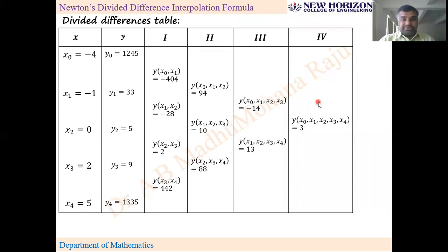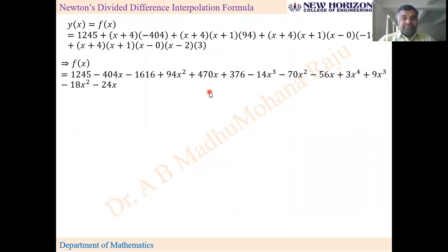Take the upper diagonal values required to substitute in the above formula, substitute in equation 1 and simplify. You will get the polynomial as 3x power 4 minus 5x cube plus 6x square minus 14x plus 5.